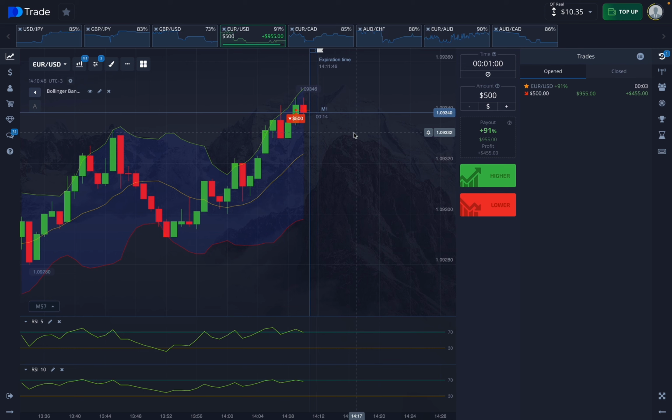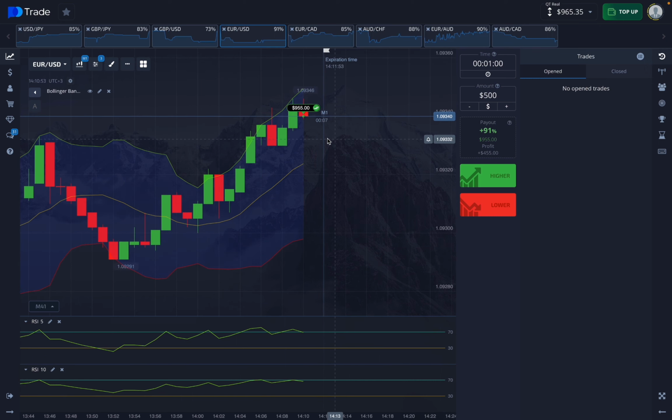So let's change the amount of the transaction value, set the maximum, since it went into the minus, and select the next currency pair.